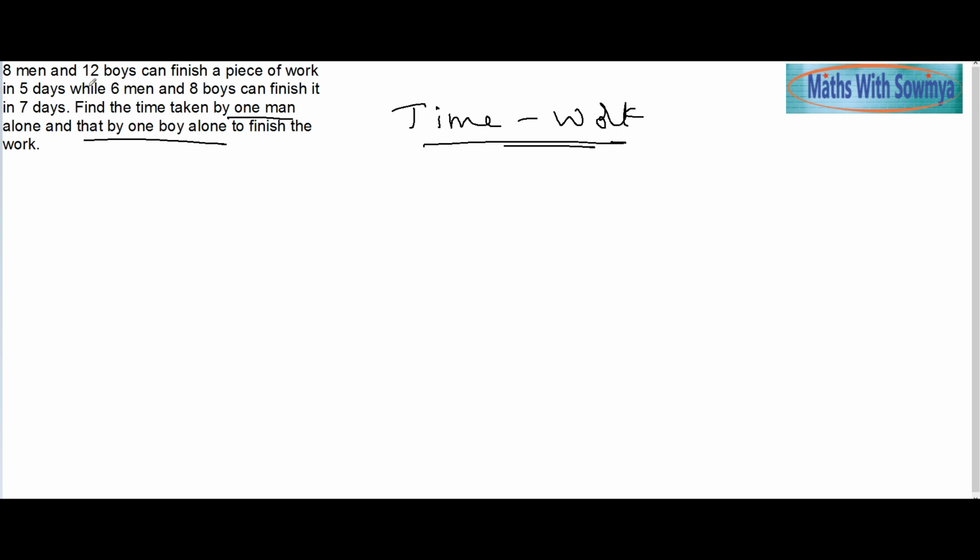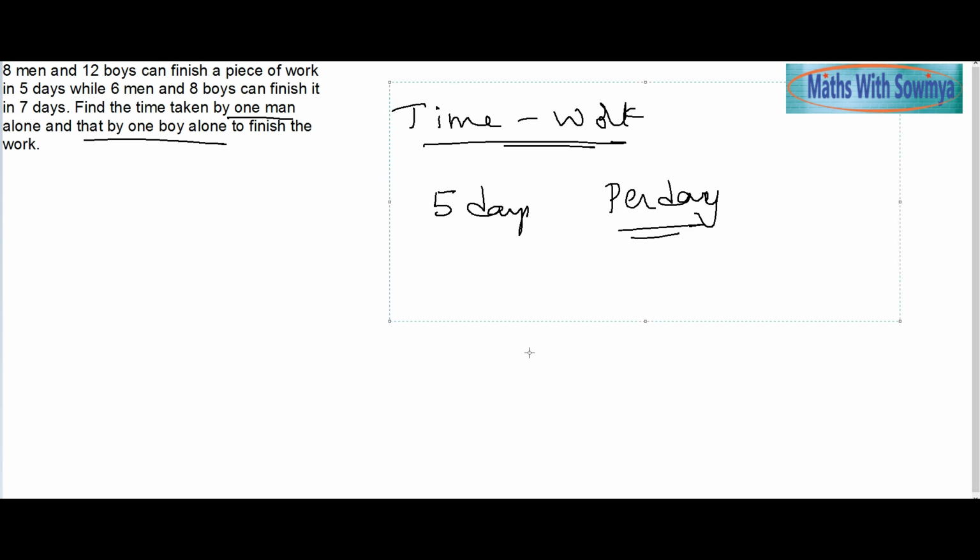Whenever such a thing is given in days, we take per day what is the amount of work done. Suppose 5 days are taken by a person to finish the work, per day we take the amount of work done. Let us try to solve this. Whatever is asked, we give variables for that.